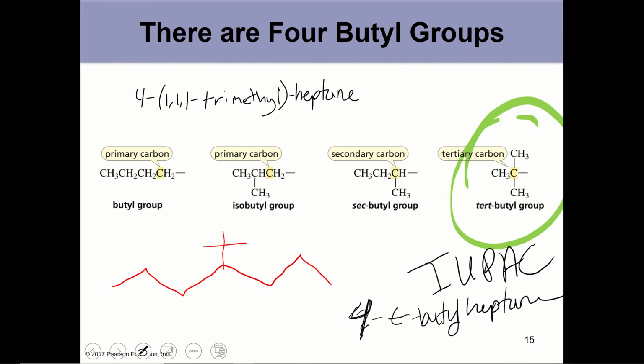And we're lazy, so we like the tert-butyl shorthand, and we use a T to represent tert, and also to remind us that the tert-butyl group looks like a T.